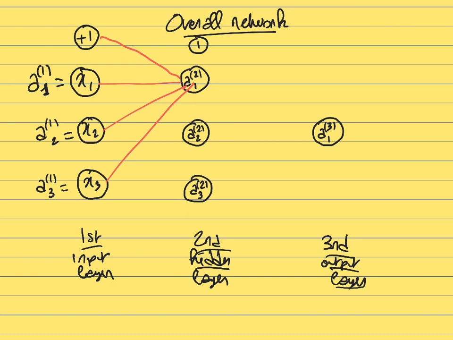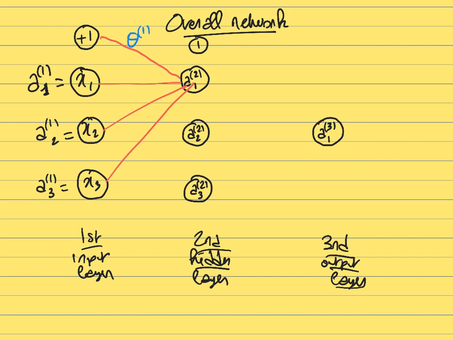So in terms of notation, the parameters theta that are connecting the first layer neurons to the second layer neurons, we are going to call theta 1, because those are the weights of the first layer.